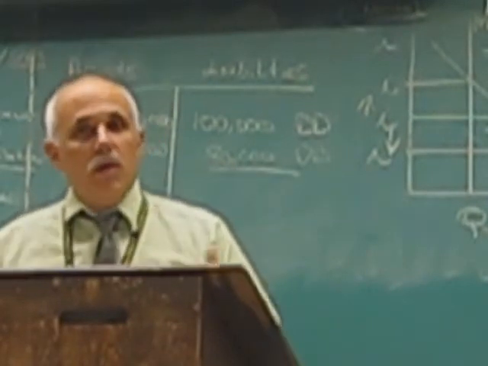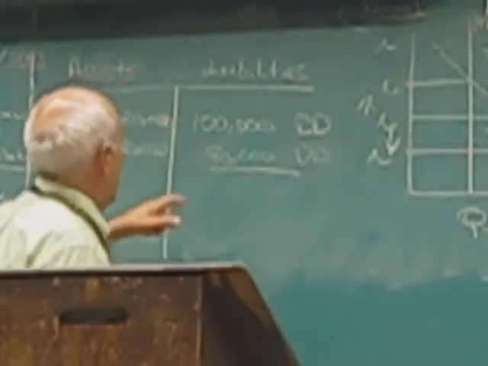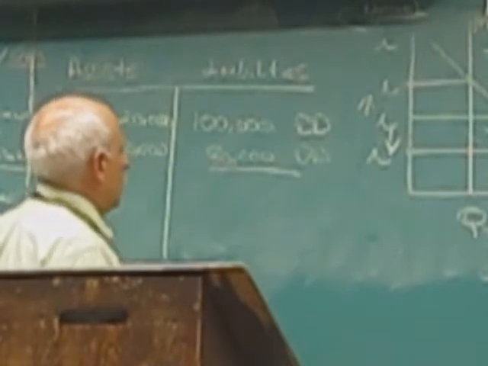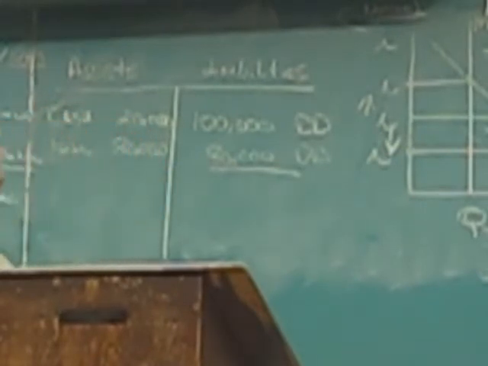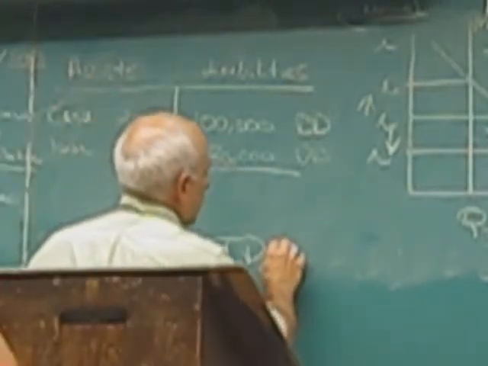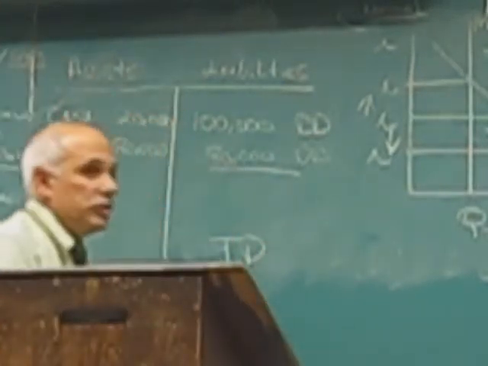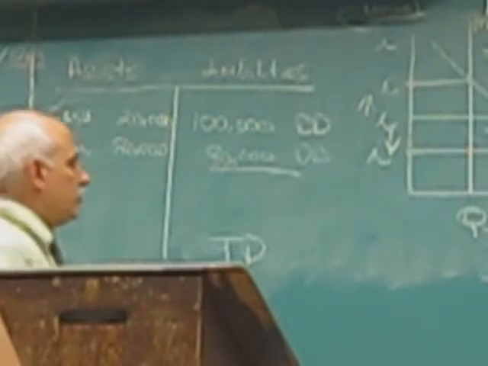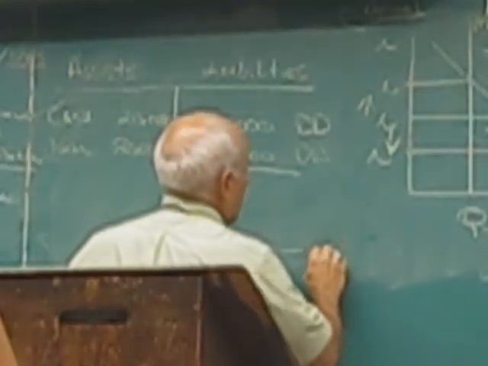So, ultimately what we said is if we take the total deposits that the bank has, we ask how much the bank has in total deposits, and what the reserve requirement is. Then we have something called the required reserves.